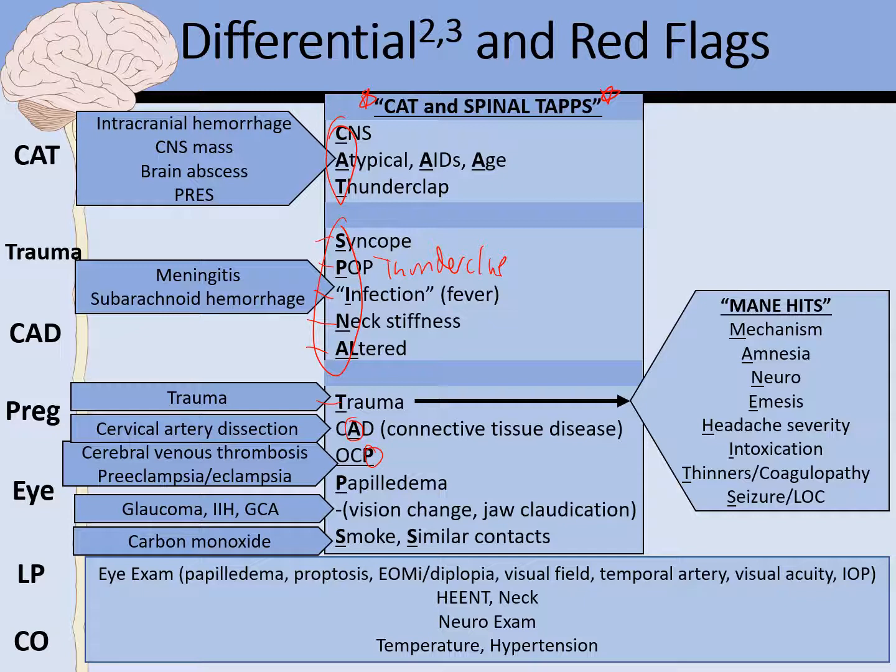However, pregnancy also increases your risk for blood clots, causing cerebral venous thrombosis, as well as being on oral contraceptive pills, which is its own mnemonic for other risk factors of blood clots like old age and cancer. The second P is for papilledema, which is a reminder for the ocular-related diagnoses, so ask about vision changes and jaw claudication. The S is for smoke exposure or similar sick contacts, which relates to carbon monoxide poisoning.